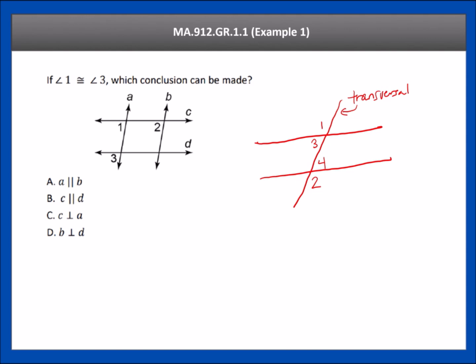And then if they're on the same side of the transversal and inside the two lines, we call that same side interior or consecutive interior. And lastly, the last of the main ones that they test you on is corresponding angles. Corresponding angles are two angles that are on the same side of the transversal, but one of them is usually inside the two lines and the other one is outside the two lines.